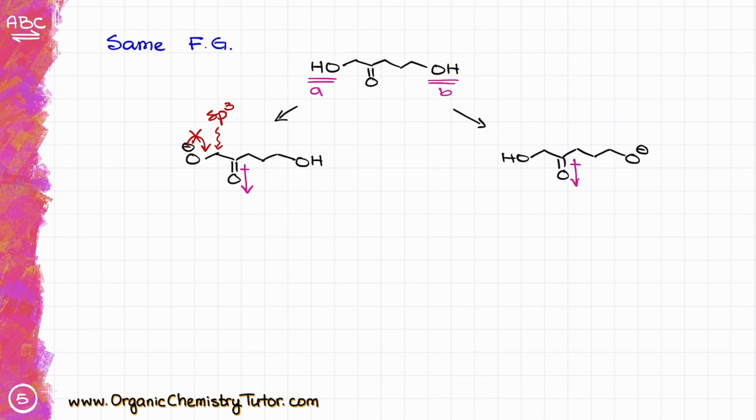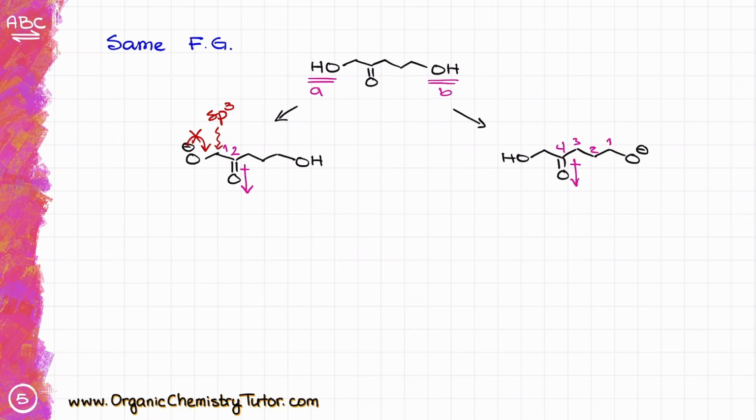The one on the left is located essentially 2 carbons away from my negative charge. If I look at the one on the right, I have 1, 2, 3, 4, so now we have 4 carbons away. We are twice as far as on the left side, which means that the inductive effect on the right is significantly weaker than the inductive effect on the left side.